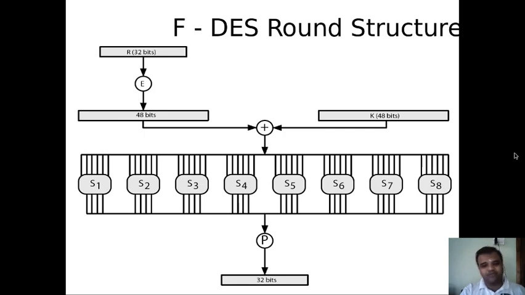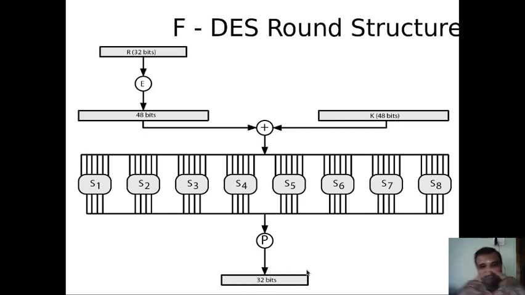So 48 bits go in as input, and from each substitution box you have 4 bits coming out. So 6 bits convert to 4 bits, the next 6 bits convert to 4 bits. So 8 sets of 6 bits get converted to 8 sets of 4 bits, giving you 32 bits. And then there is again a permutation happening, and you get 32 bits of output.